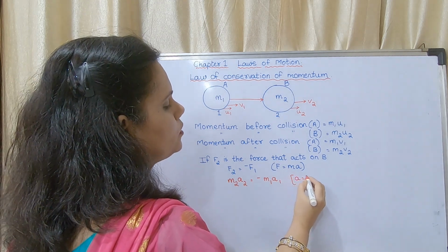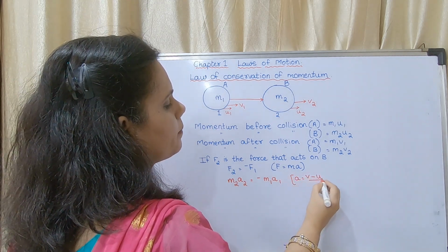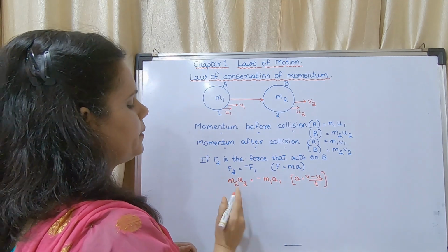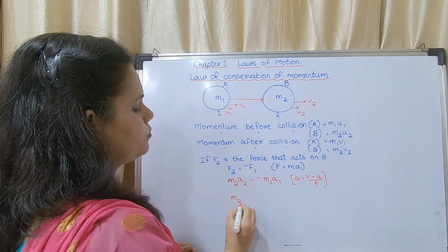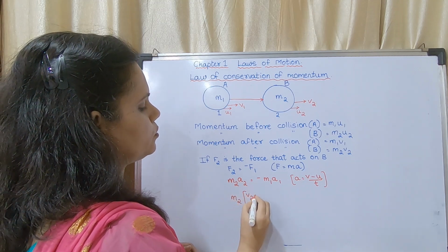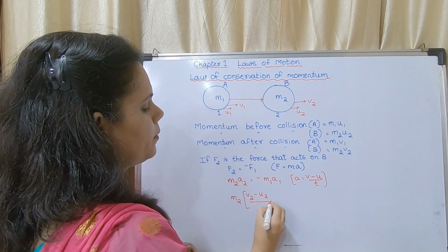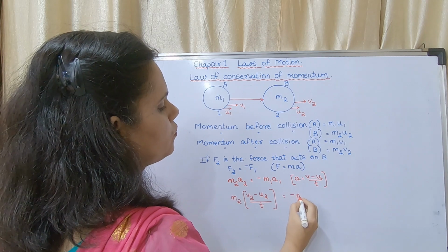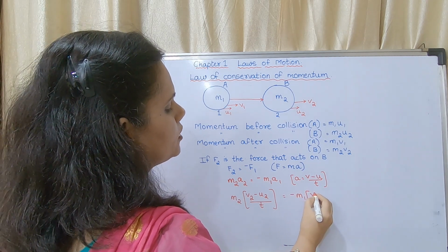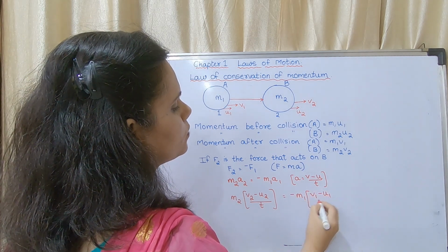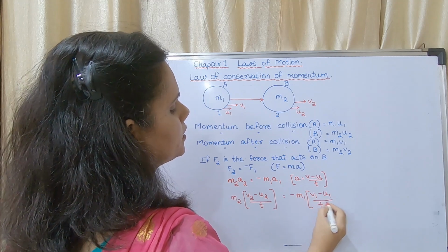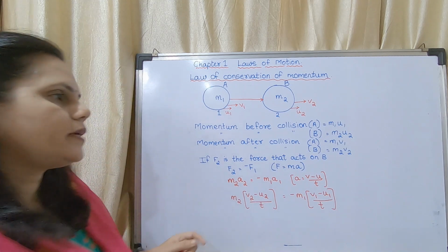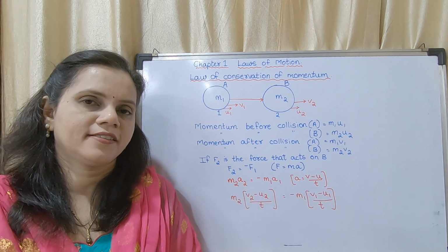A is equal to V minus U upon T. So A2 will be M2 into V2 minus U2 upon T, and this will be minus M1 into V1 minus U1 upon T. Have you got it? Now you may write this much in your notebook.